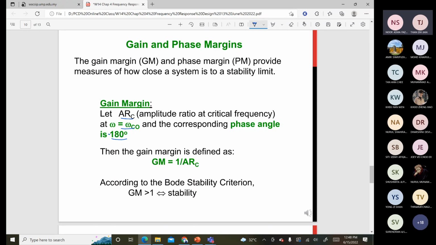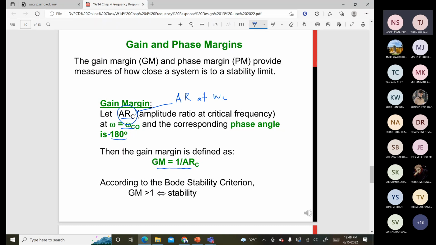So we find the ωC at negative 180, and based on that we can determine the ARC. ARC means AR at ωC. So the gain margin can be calculated from GM equal to 1 over ARC.